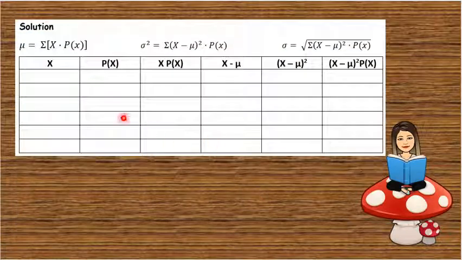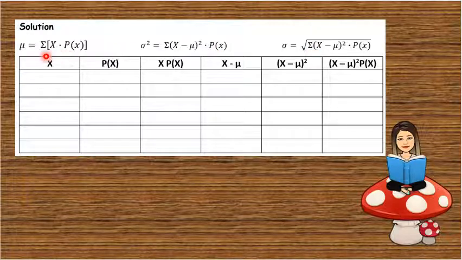Okay, for our solution, pinagsama-sama ko na yung mga kailangan nating isolve. So, meron akong 6 columns dito, kung saan nandun yung mga values na kailangan nating i-compute. And, andito din yung mga formulas na gagamitin natin. Since ang hinahanap natin ay variance and standard deviation, ito yung formula ng ating variance at ito naman yung sa standard deviation.